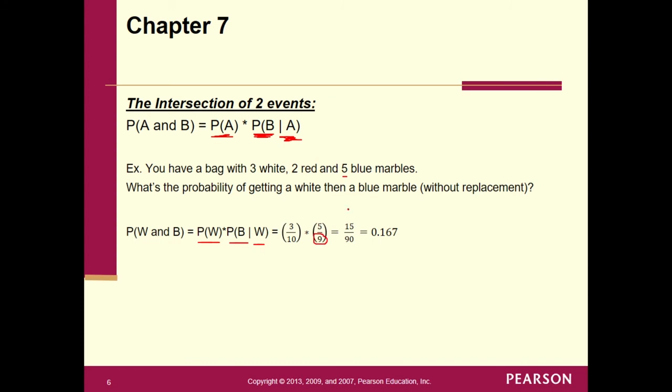A total of 9 marbles, because we took one out. We had a white one chosen the first time, so there's only 2 white left, and a total of 9. And that turns out to be 1/6. I just rounded it to 0.167 because it's actually 0.16 repeating.